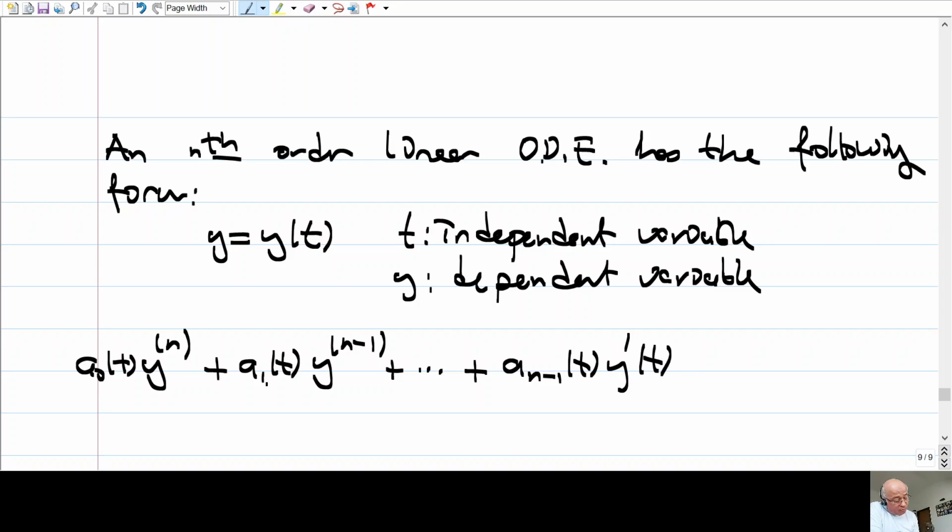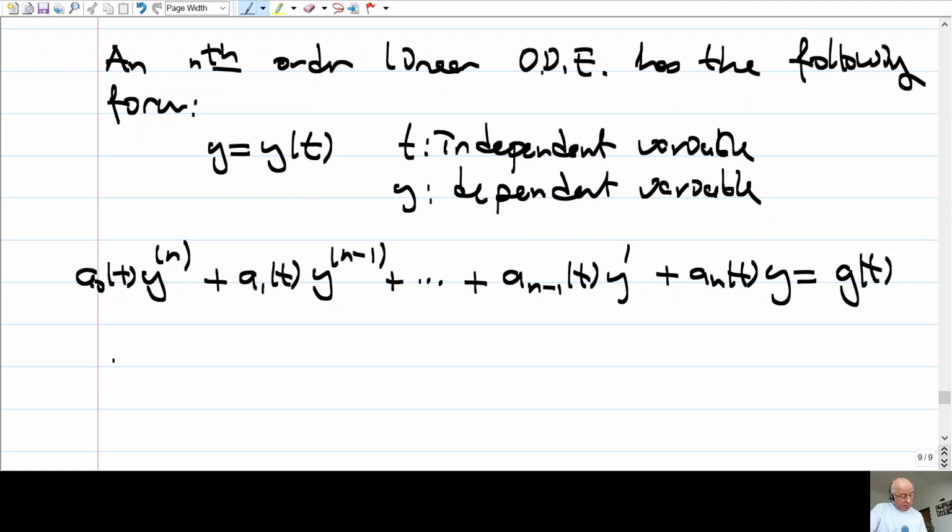The sum of this index and the order of the derivative adds up to n each time, and then I will have a0(t) times the zeroth derivative. Zeroth derivative means no derivative, right? And this whole thing could be equal to some other function of t. So the general form of an nth order linear ordinary differential equation is this.